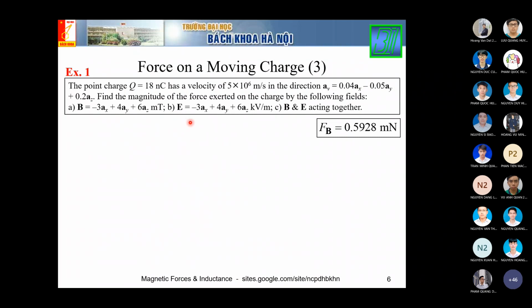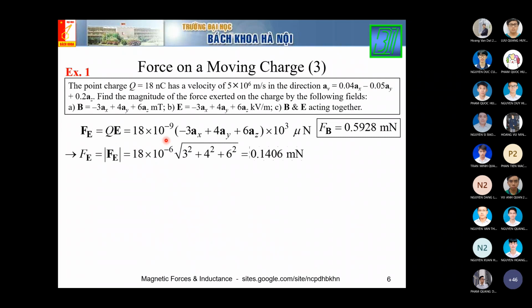Well, second exercise here, finding F is very simple because the formula here is very simple. We multiply the magnitude of the moving charge by the given field. Finally, to find the total force here, please do not add FB to FE by the magnitude, because they do not have the same direction.